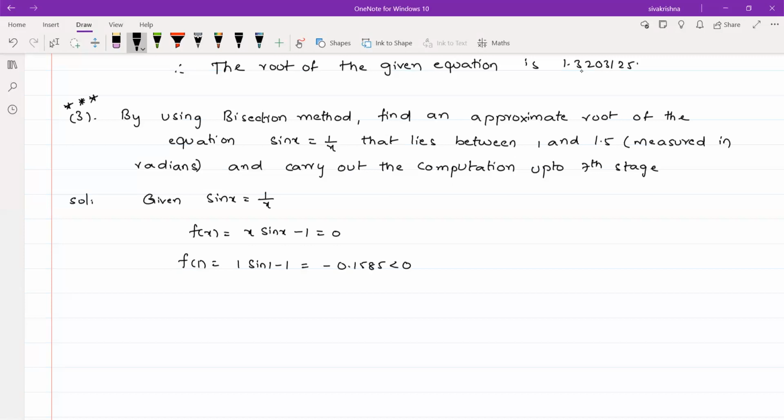Now coming to f of 1.5, we get 1.5 into sine of 1.5 minus 1, which is equal to 0.4962, which is greater than 0. Therefore, f of 1 is less than 0, and f of 1.5 is greater than 0.